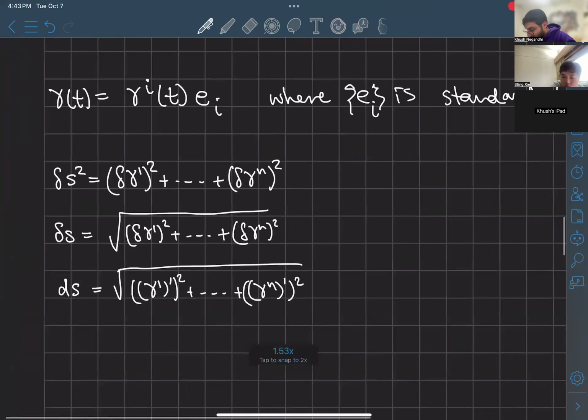But what is this object? This is precisely the norm of gamma prime.